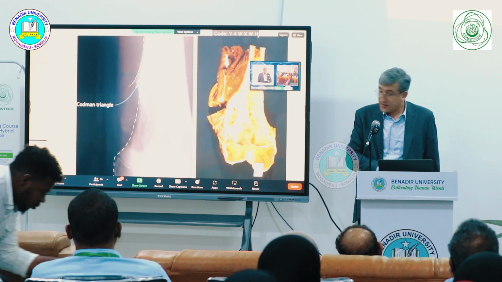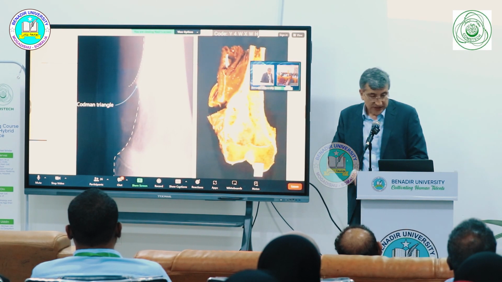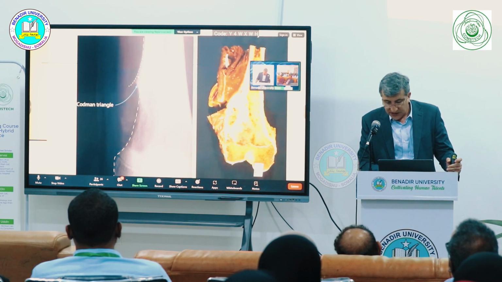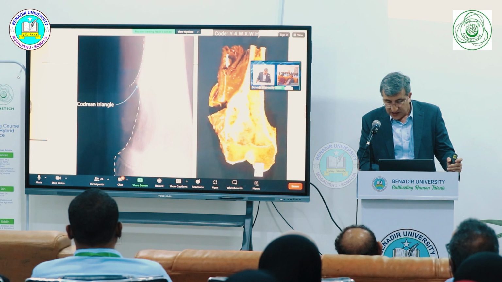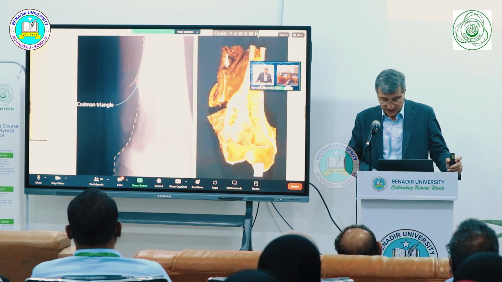You can see this lifted periosteum on the specimen forms a triangle, and this is called Codman's triangle. It means a very aggressive lesion, and this is seen in osteosarcoma.